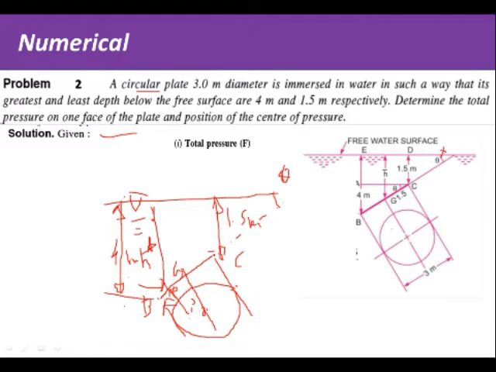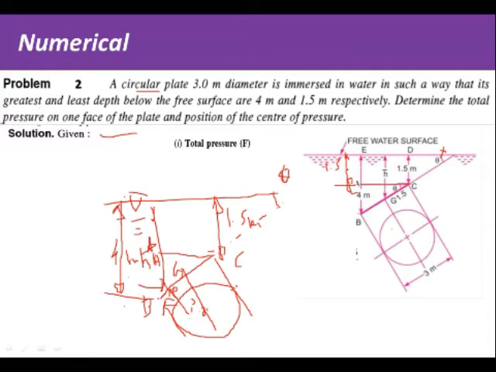We will draw one horizontal line from point B. It will intersect the vertical line at point A. So what is the location of A? Location of A is also 1.5 meter.